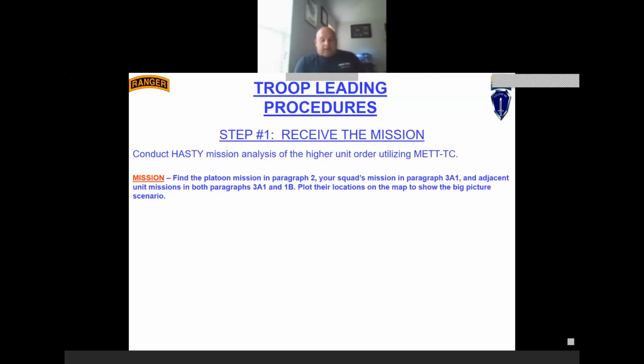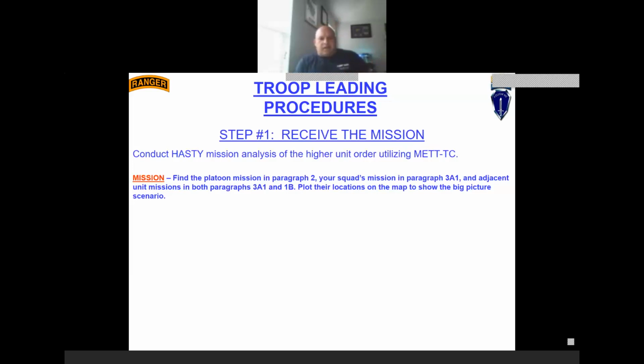Mission. You'll find the mission statement in paragraph 2, usually, when you get your mission statement from higher. Remember, as soon as you get the mission statement, plot their locations on the map so you can see the big picture. So basically, adjacent units out there, you would plot their spots.